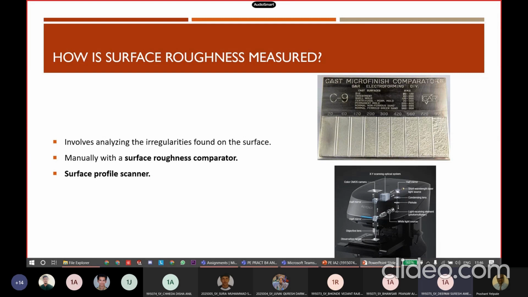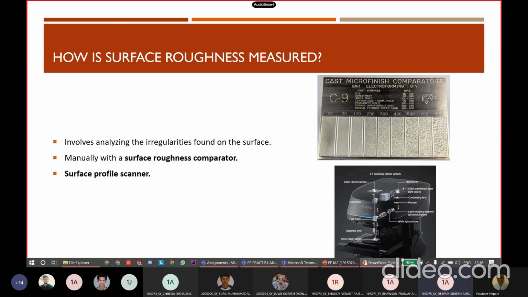It's a faster and easier method, and obviously cheaper, but it's not as accurate as the surface profile scanner or profilometer, which is one of the latest technologies in this field. This is one of the primary instruments used to measure the surface finish.